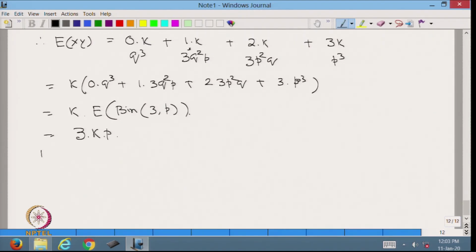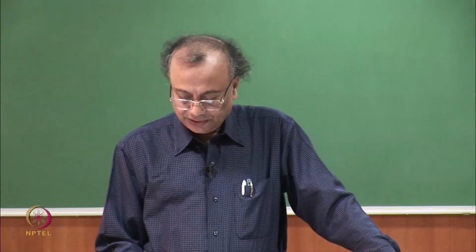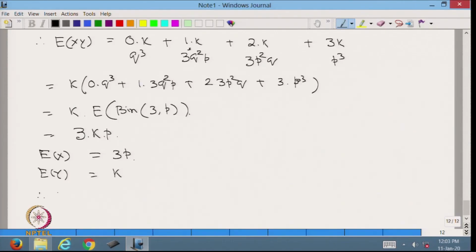Now, expected value of x as we know is equal to 3 p. Expected value of y, because it takes the same value k in all the cases, is k. Therefore, expected value of x into expected value of y is also 3 k p.